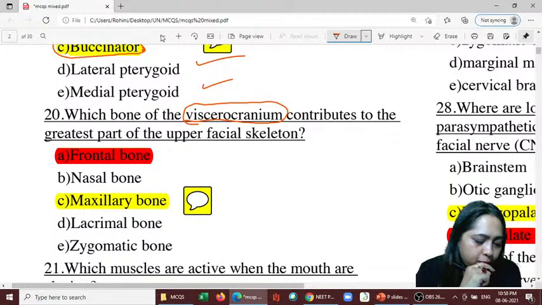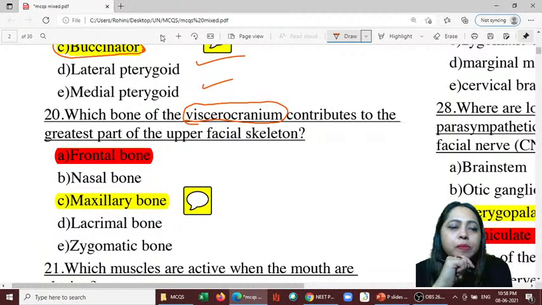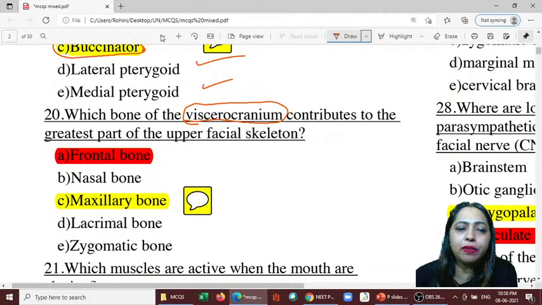Which one? Frontal, nasal, maxillary, lacrimal and zygomatic. Whenever two answers are given, there is always a debate. The one in yellow here, maxillary bone, is the answer. That is 20C.